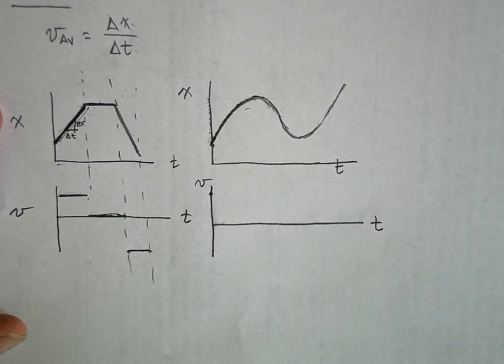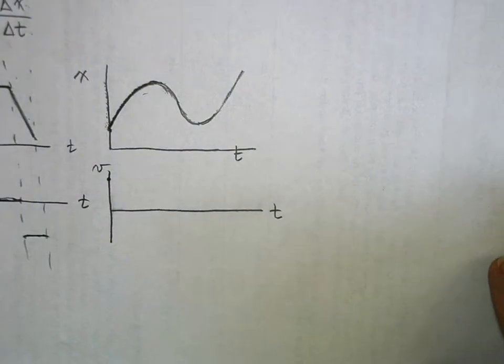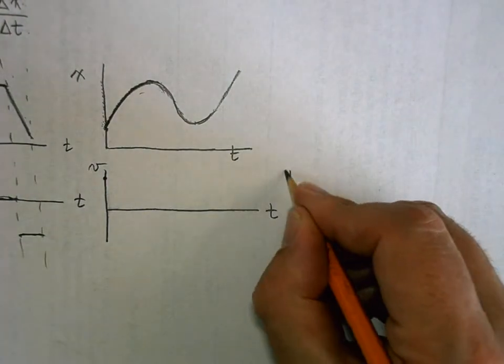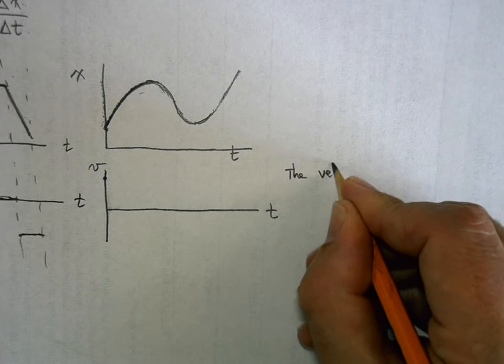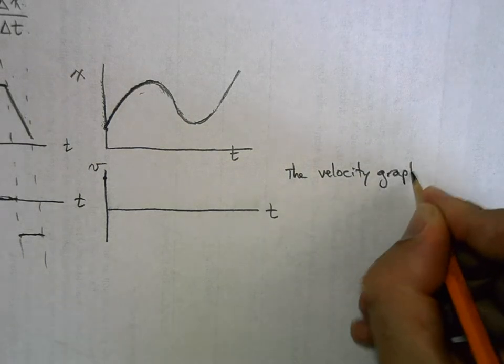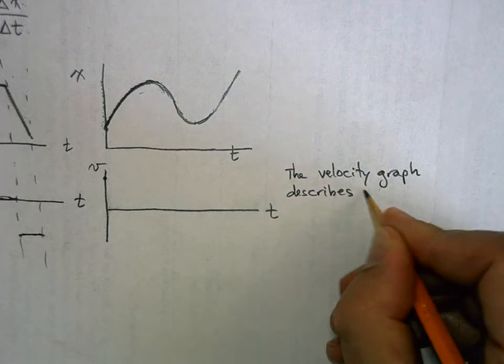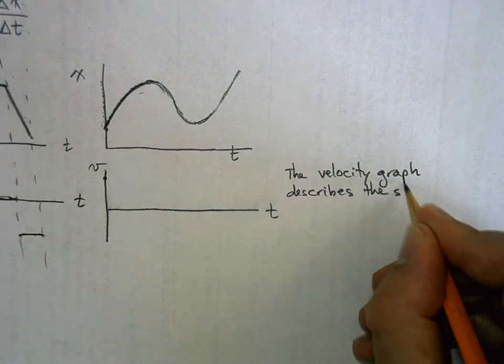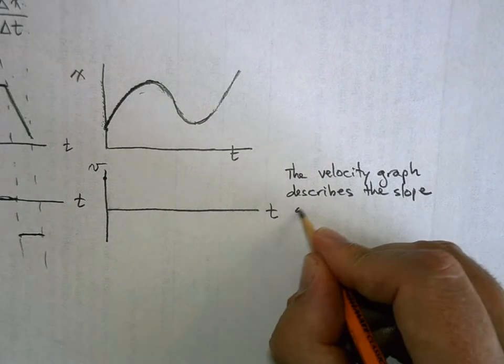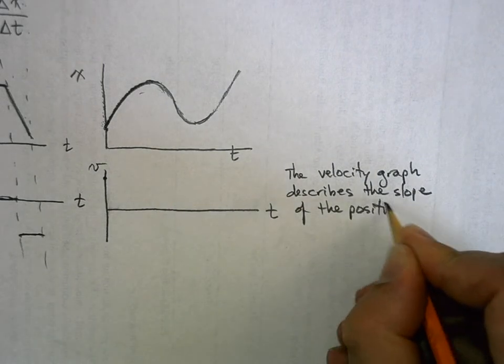Remember, and we should write this down. The velocity graph describes the slope of the position graph.